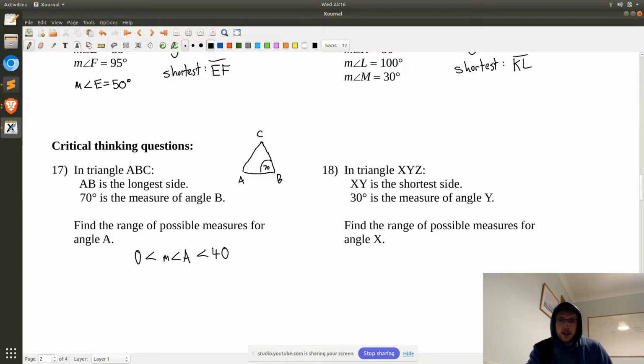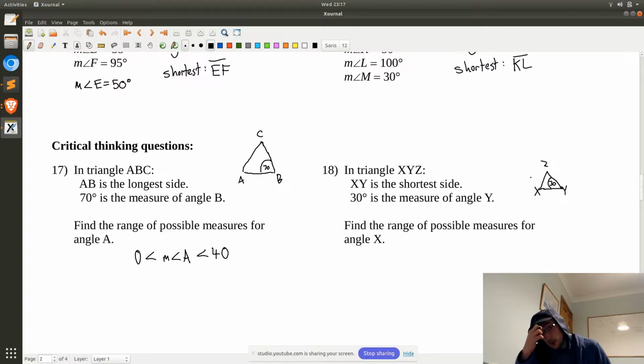In the triangle XYZ, XY is the shortest side and 30 degrees is the measure of angle Y. Find the range of possible measures for angle X. Okay, so XY is the shortest side. 30 degrees is the measure of angle Y. And so if XY is the shortest side, then Z must be the smallest angle.